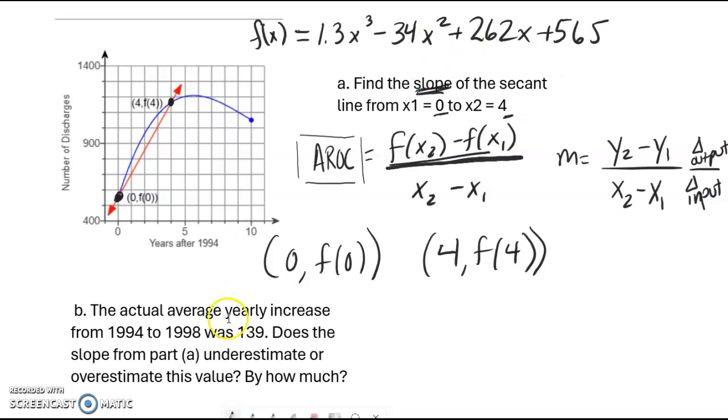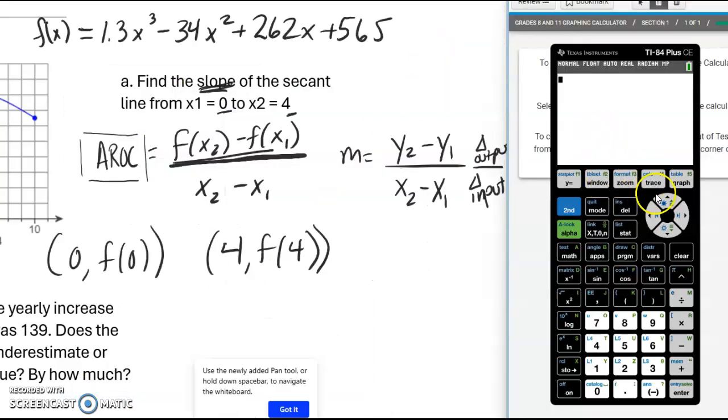So here's my calculator. Here's function f. So I am going to put function f in here, 1.3. And then in place of x, I'm going to put 0. So wherever I have an x, I'm going to plug in 0.